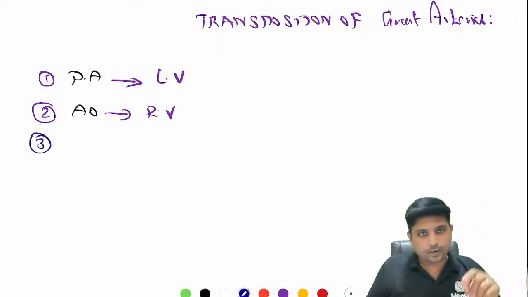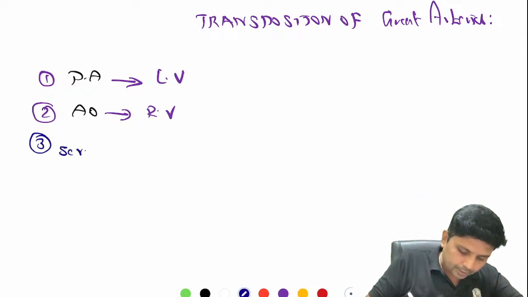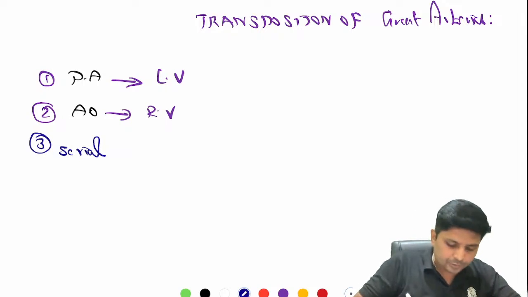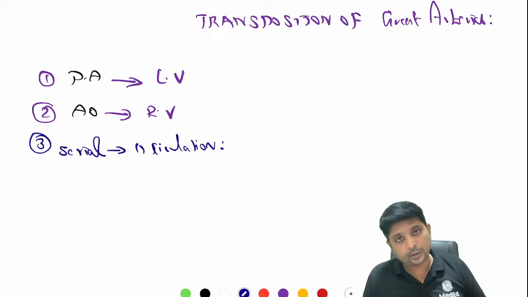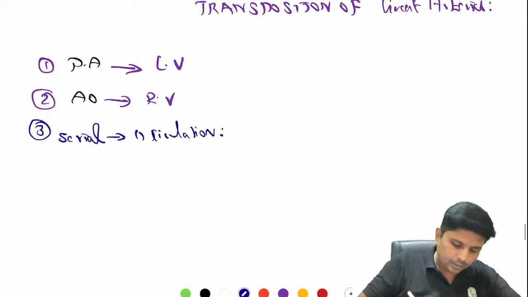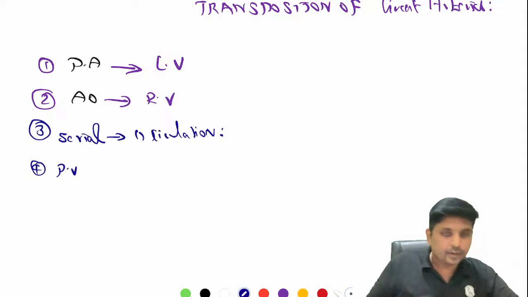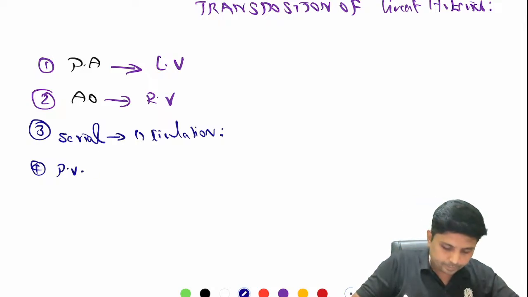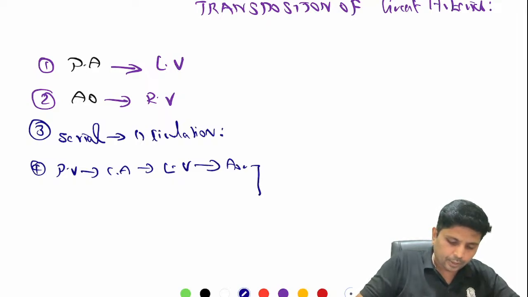As a result, what will happen? Normally, heart is a serial circulation, which will be converted into parallel circulation. What is the serial circulation and what is this parallel circulation? Very simple. Serial circulation means pulmonary vein drains into left atrium, which drains into left ventricle, which drains into aorta, and aorta leads to systemic circulation.